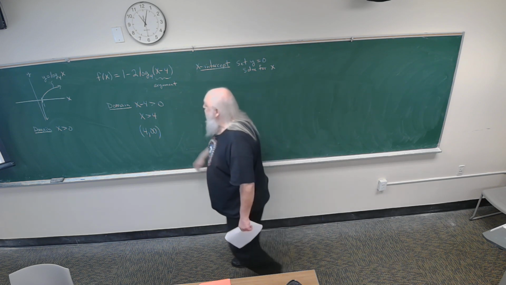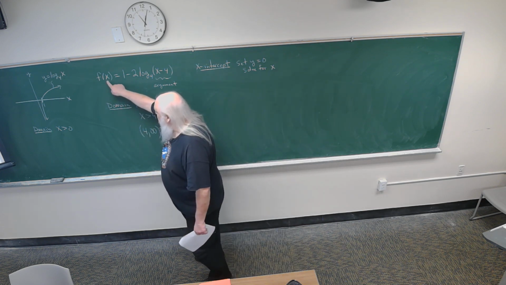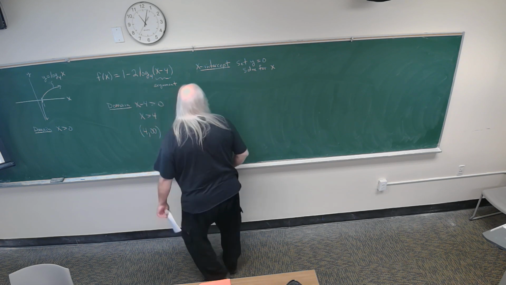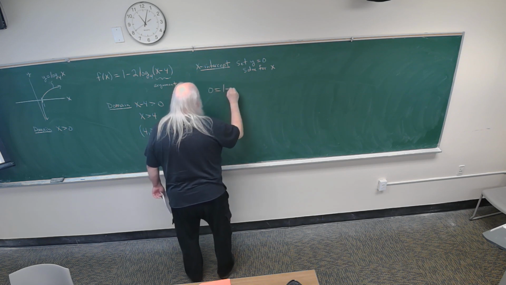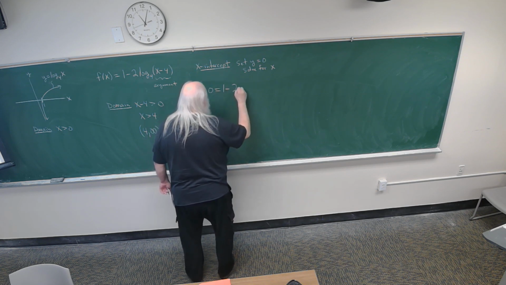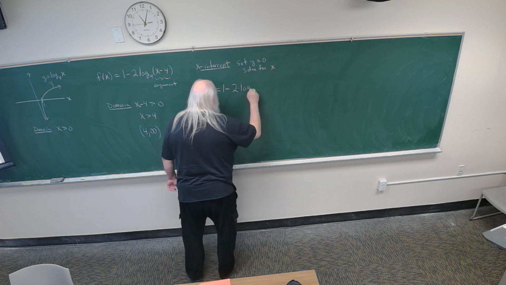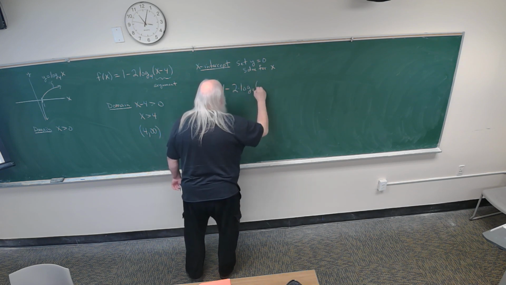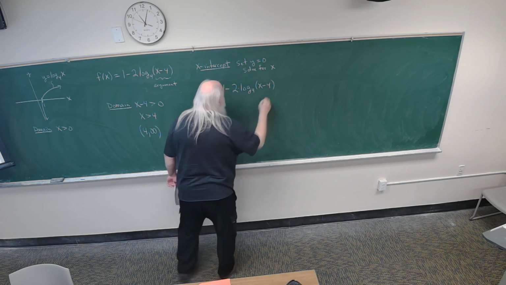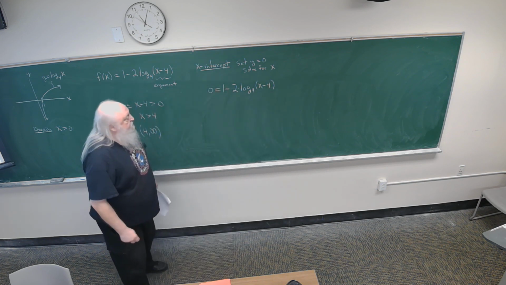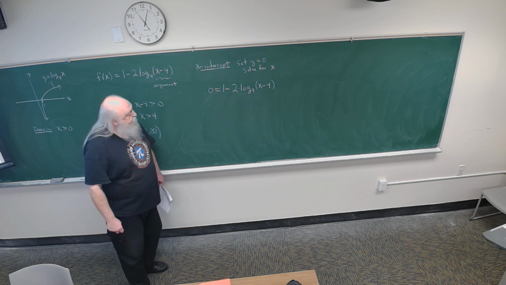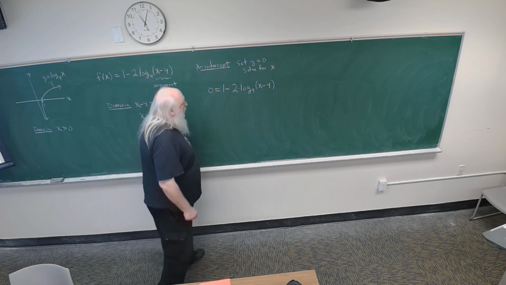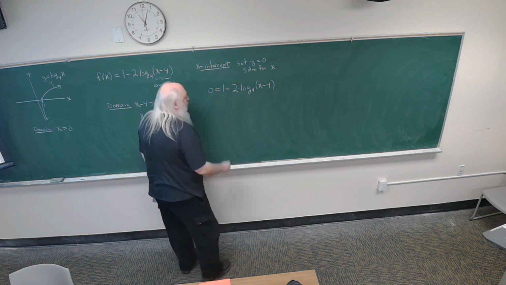So remember, function values and y values are the same. So we replace f of x with 0. And we have 0 is equal to 1 minus 2 times log base 4 of x minus 4. And now we've got to solve for x. So we've got to isolate x on the left-hand side.